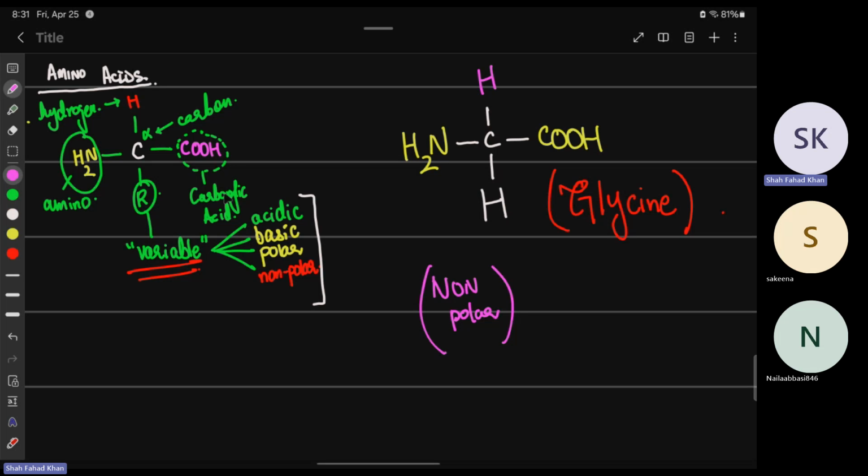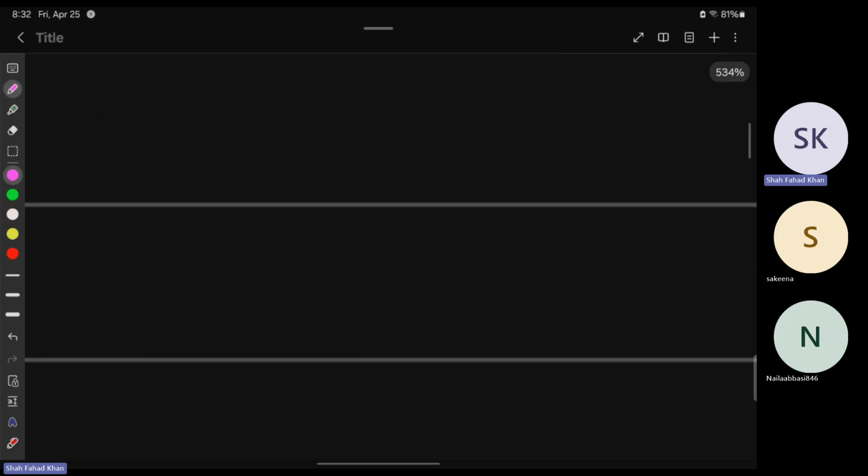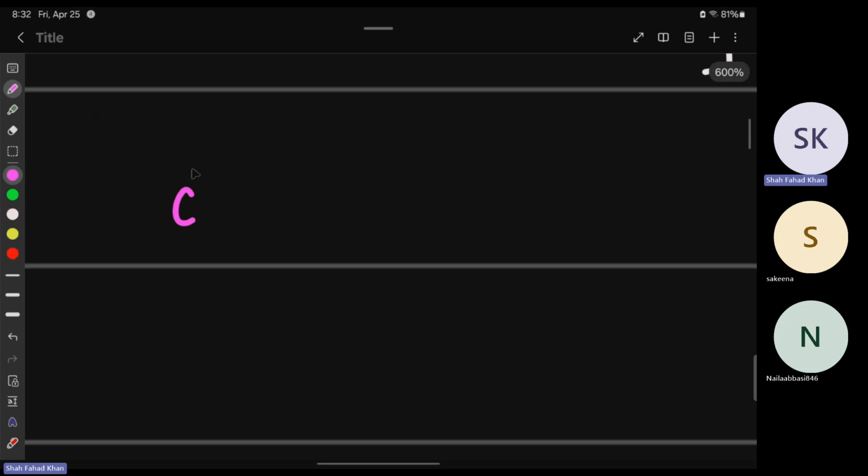Now, what happens to the amino acid as it goes into the body solution? Amino acid does not remain in this particular form in the body solution. When it goes into the body solution, it slightly changes, and this is going to be the new configuration.